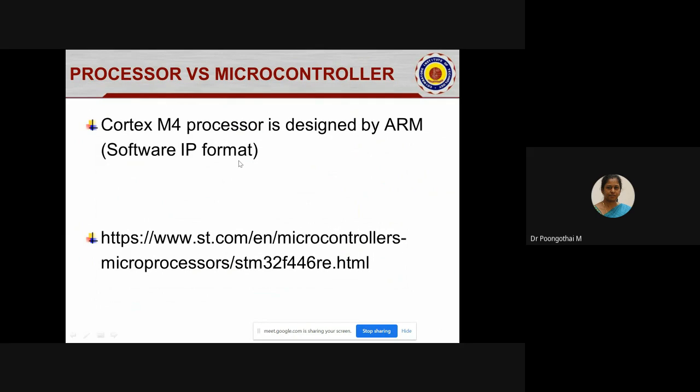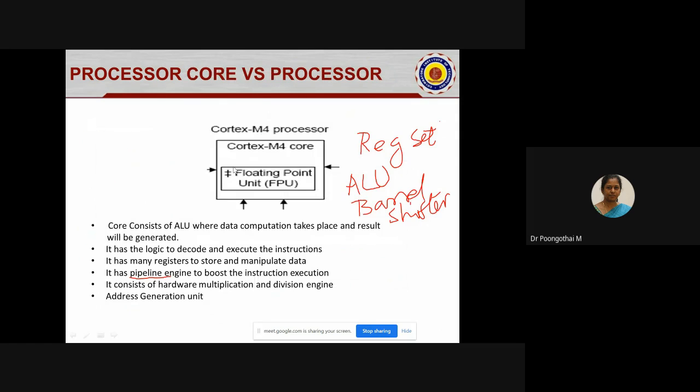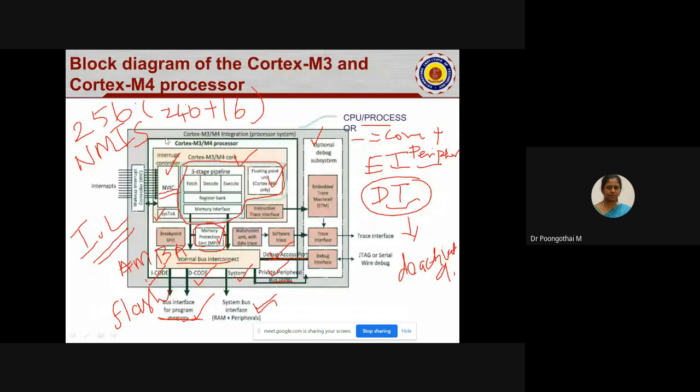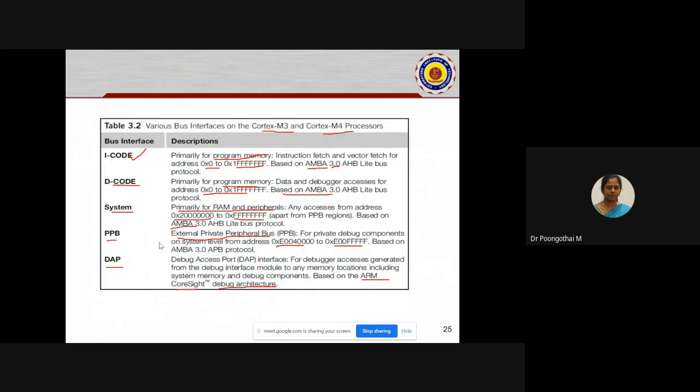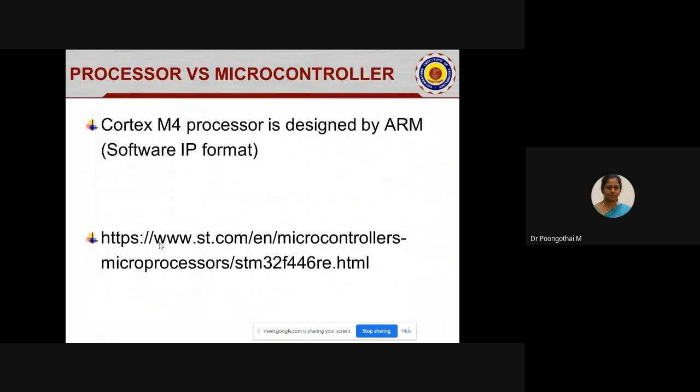It will be passed on to various microcontroller manufacturers like ST Microelectronics, Texas, NXP.